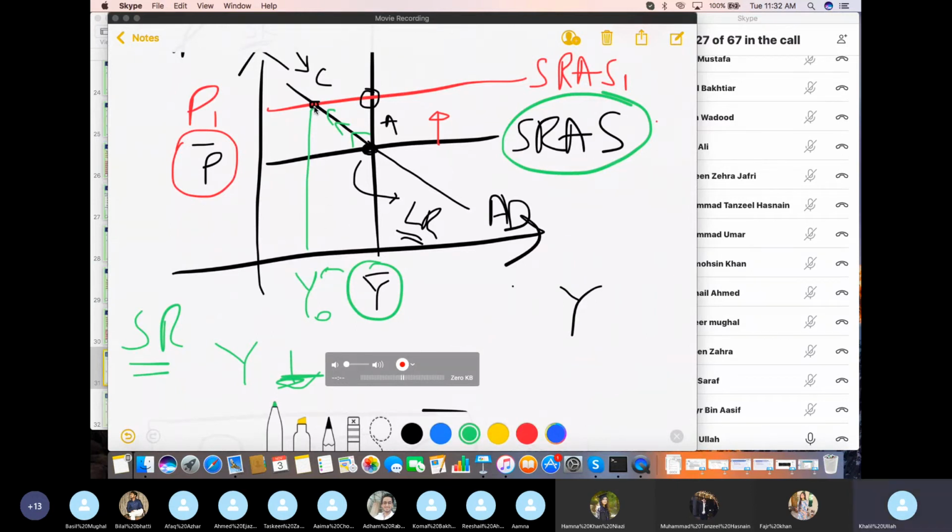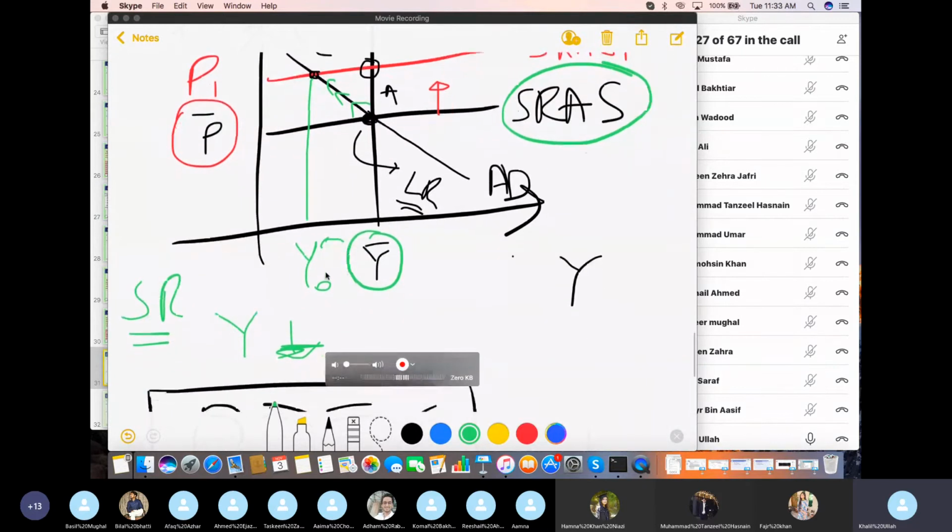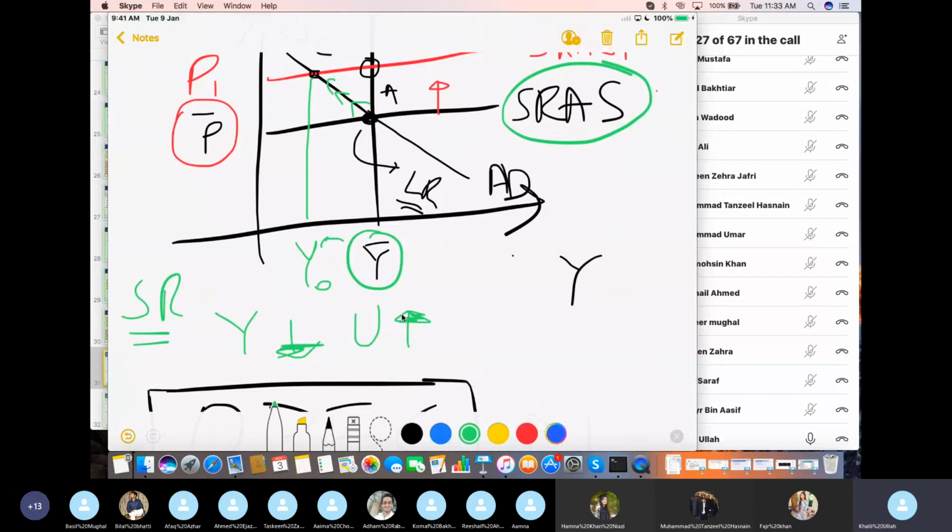Because at point C, if you read the graph, you have Y naught over here, and price levels have gone up. So GDP falls. Recall that whenever GDP falls, unemployment increases, because you're producing less. When you're producing less, you need fewer people, and the people working at factories get fired. Unemployment in the economy starts to go up.